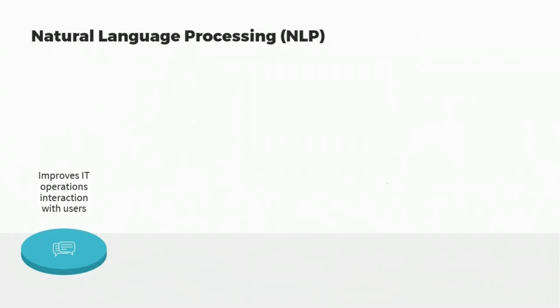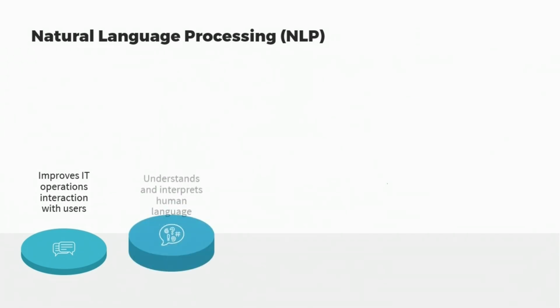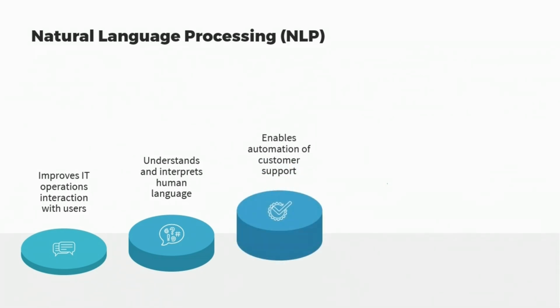And this enhances the overall user experience by providing more intuitive and efficient support mechanisms. And NLP algorithms analyze and interpret human language, allowing IT systems to understand user queries, requests, and feedback much more accurately. And NLP powered chatbots can automate things like customer support processes by understanding and responding to user inquiries in real time.